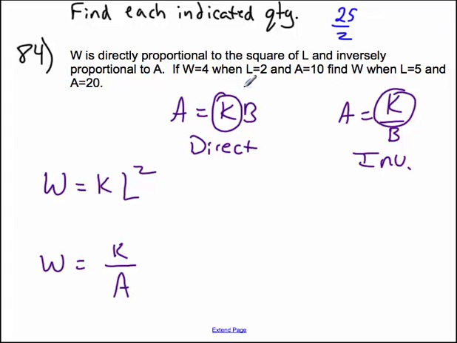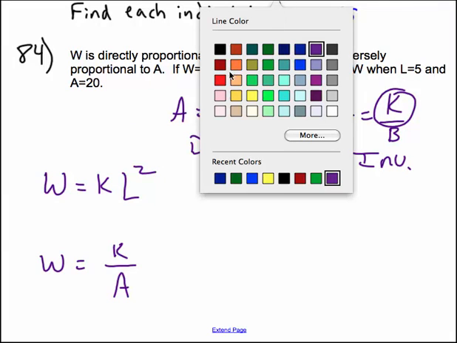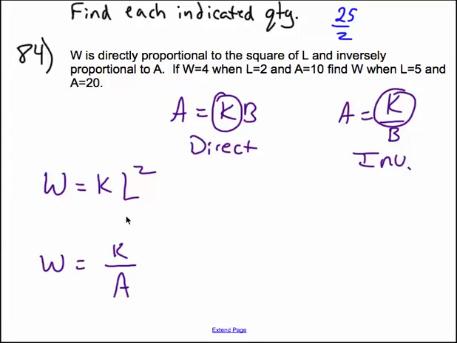If W equals 4 when L equals 2, so this one, let's change colors. 4 is equal to some constant times 2 squared. Okay, this is the direct proportion setup.